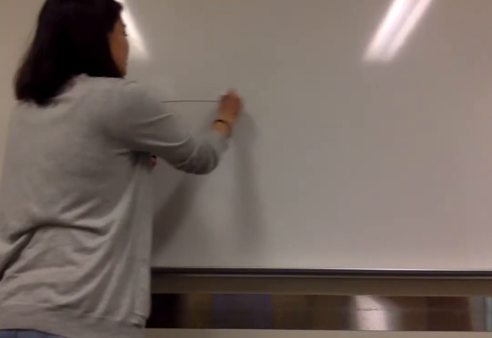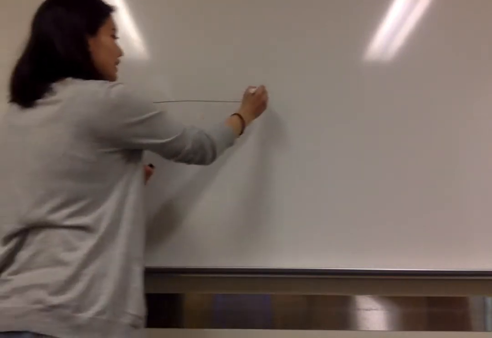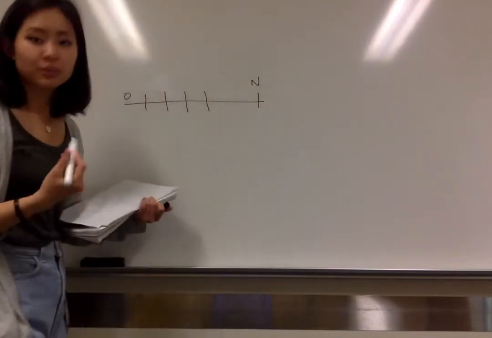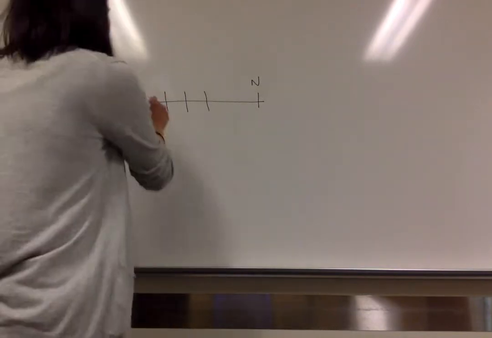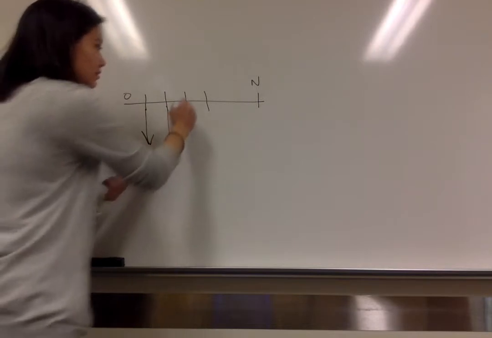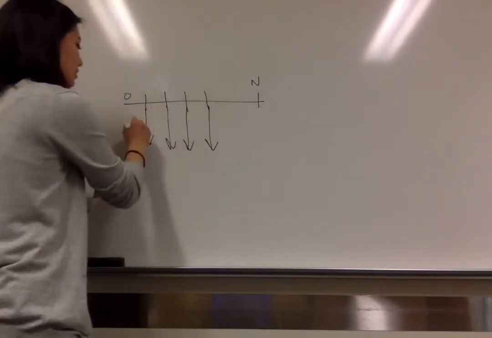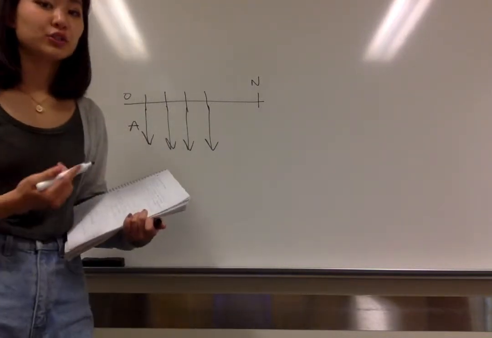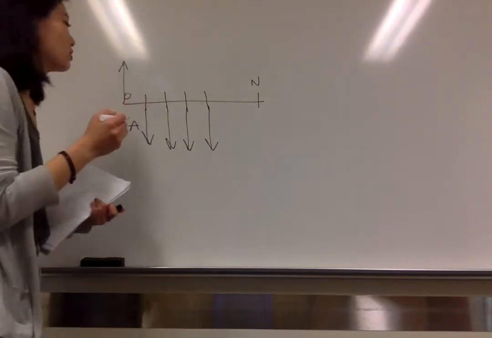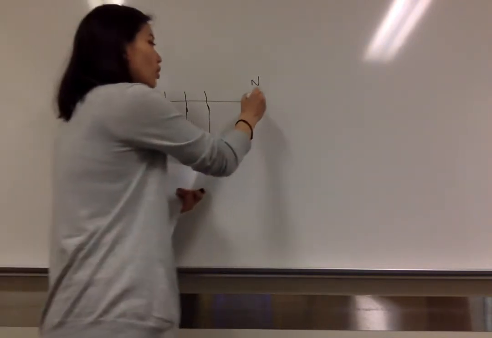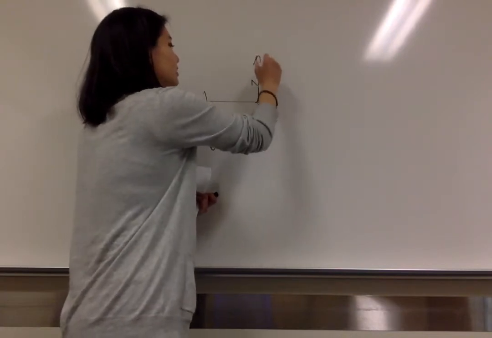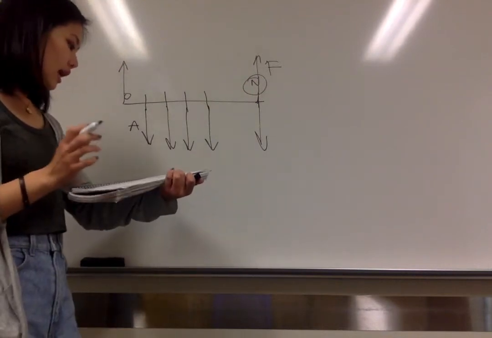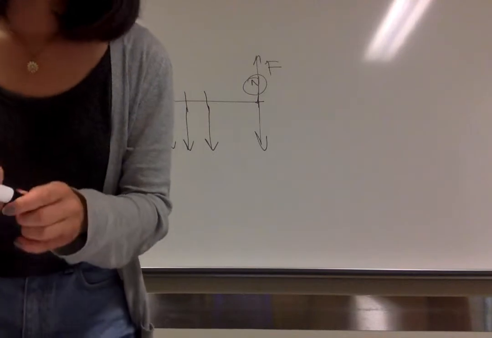So this is your span of time from 0 to n, and for consecutive years or months, depending on what unit of time is given in the problem, you have payments of A. And whatever the question's asking you, you may need to find P, which is the single amount at time 0, or F, which is a single amount at time n. And I shall discuss with you an example.